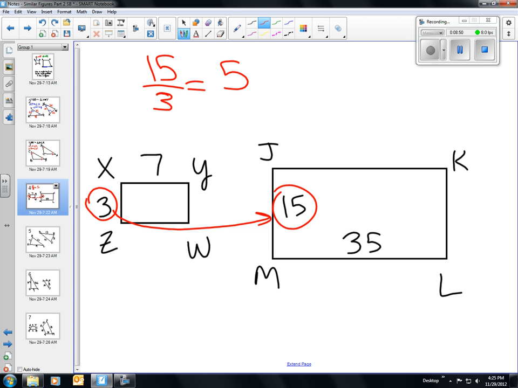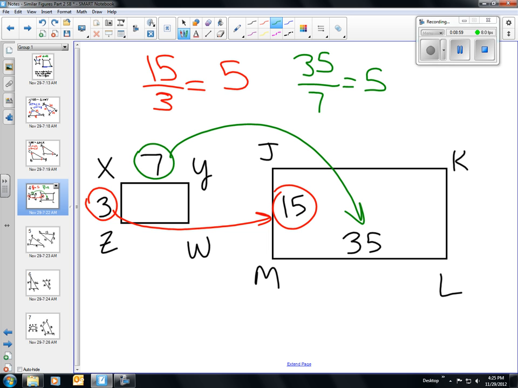The corresponding parts 7 and 35 give a ratio of 35 to 7, which is also 5. So yes, these are similar figures because the two ratios from the smaller one to the bigger one are both 5. The scale factor from the smaller figure to the bigger figure is 5.